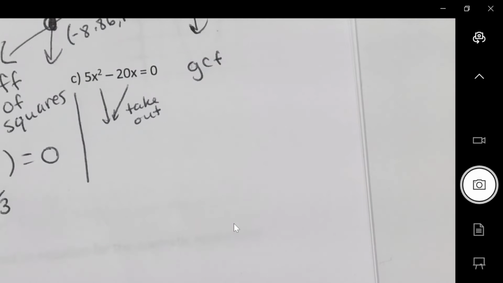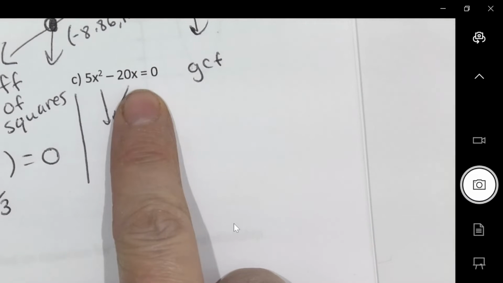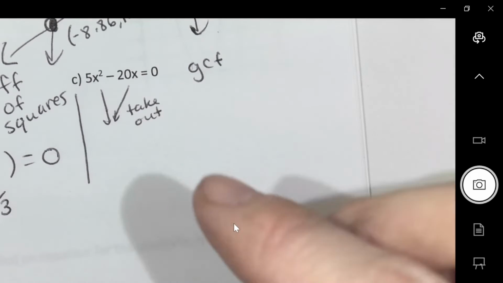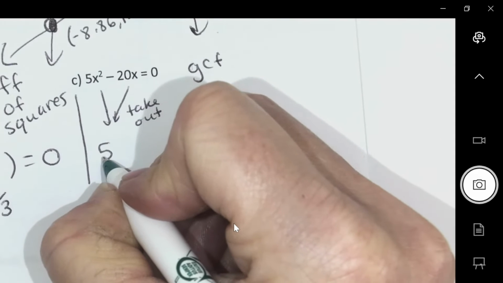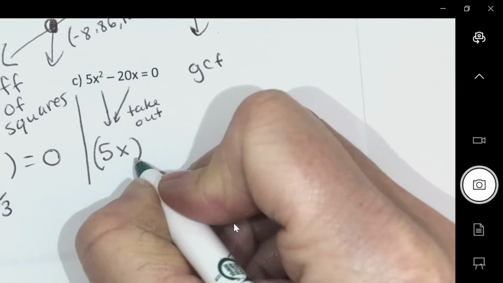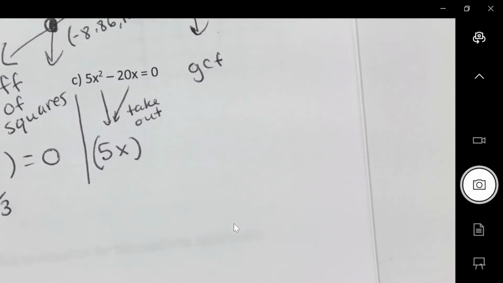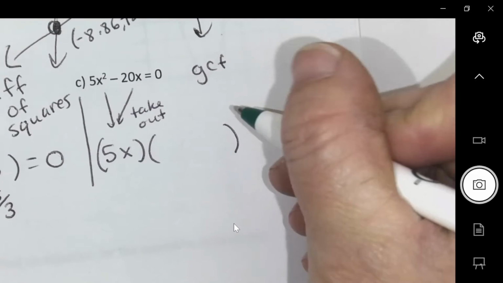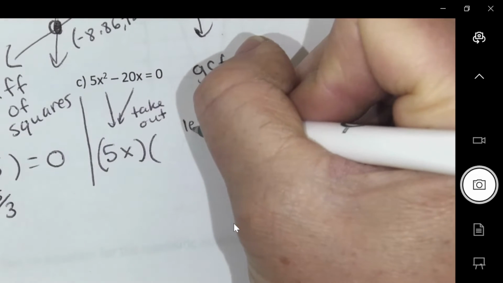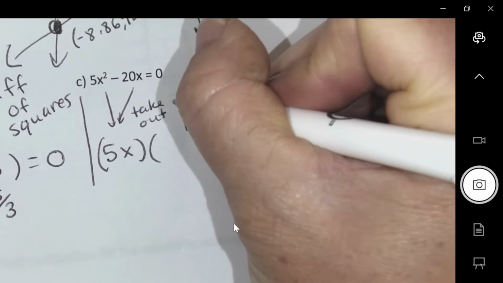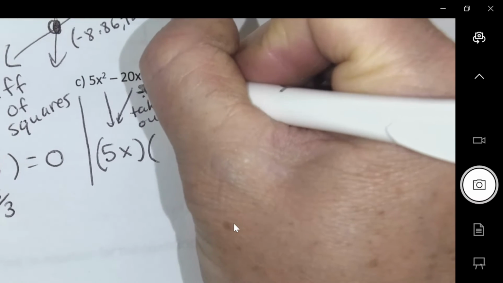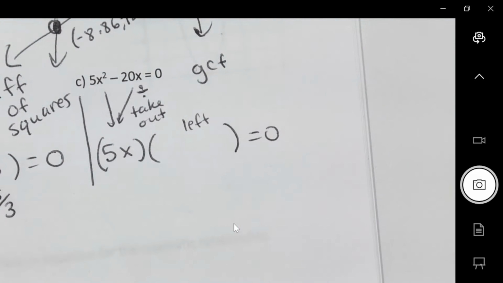I'm trying to divide the most I possibly can out. I could divide them both by a 5 and by an x. So when you're taking this out, by the way, it's dividing out. When I say take out, it's dividing.